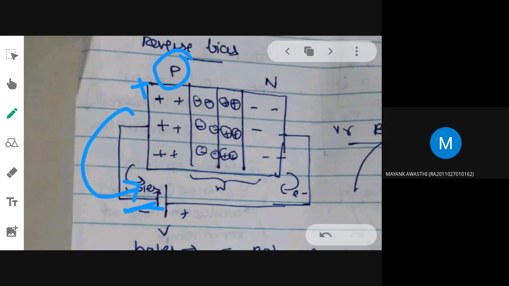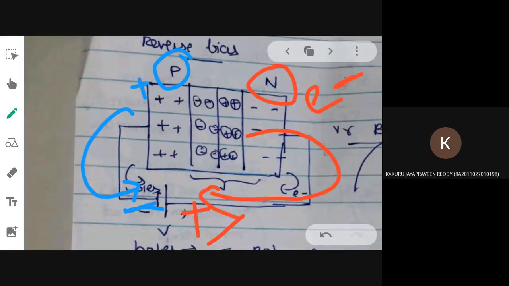Now on the other side, here it is positive. What are the majority charge carriers in N type? Electrons, which are of negative polarity. So here negative, here positive. Again, attraction. The electrons will try to come towards the positive terminal.